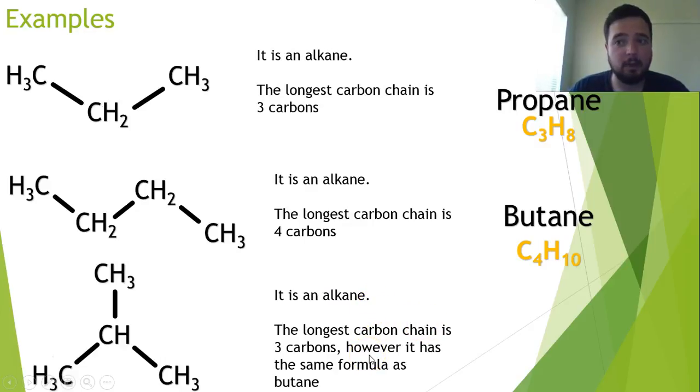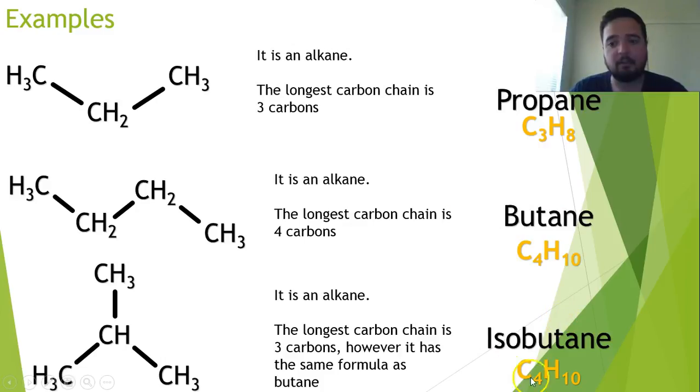So since it has the same chemical formula as butane, we know it's an isomer of butane, which means it's just going to be called isobutane. Okay, so again, it's 4 carbons, 10 hydrogens. So be careful when you're counting up the carbon chain, because if it has a similar formula to an alkane that's already been identified, then it's the isomer of that.